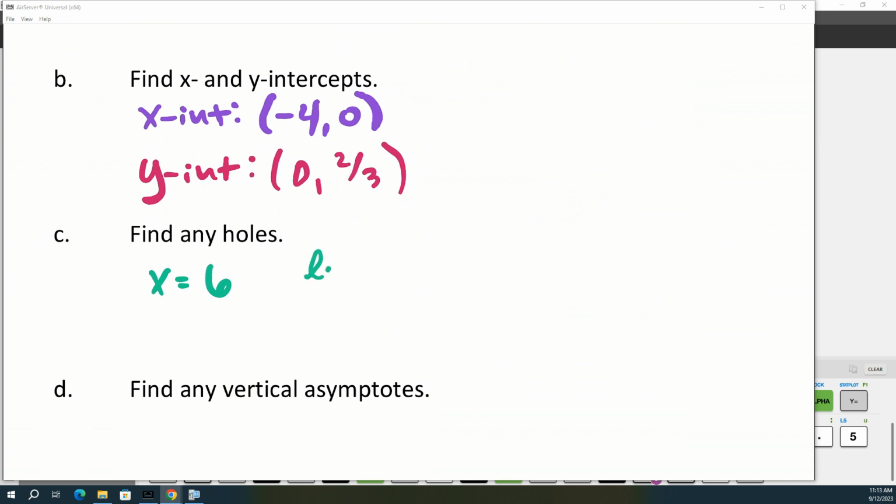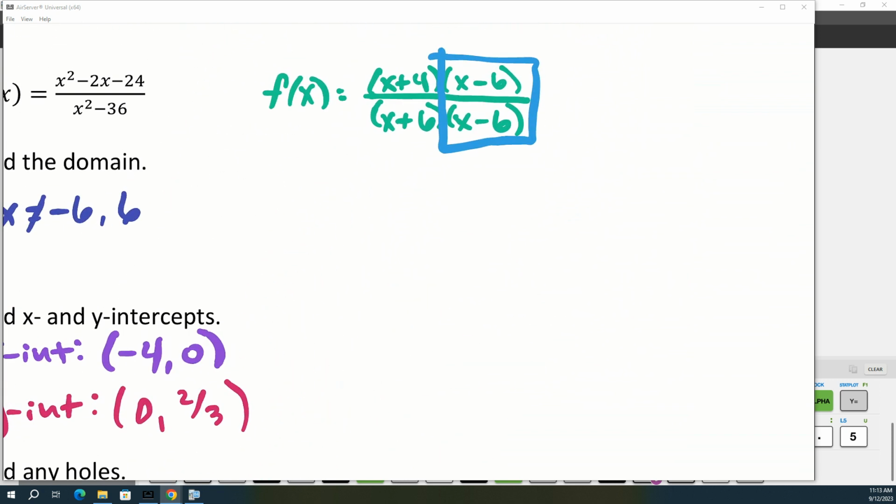All right. And then to find the y part of the hole, we're going to do the limit as x approaches 6 of f of x, which means we're going to kick out the box and plug 6 into whatever is left.